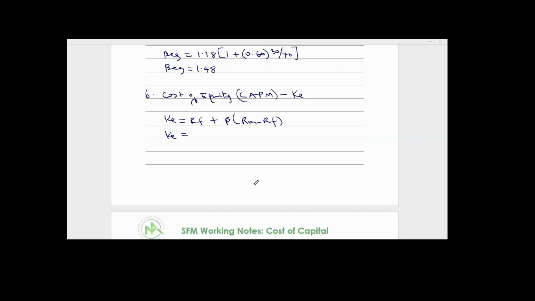Remember, the risk-free rate of return is the rate of return on government securities like treasury bill, like government bond. So examiner has given you short-dated government stock to be 4.5%. So that's the risk-free rate of return, 4.5. So here is 4.5 plus the beta of 1.48 we got in step 5 multiplied by market return. Let's go and determine market return in the question.